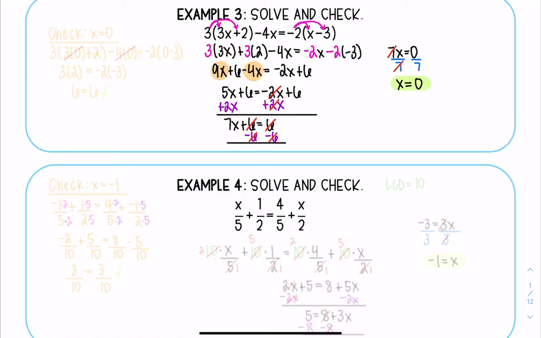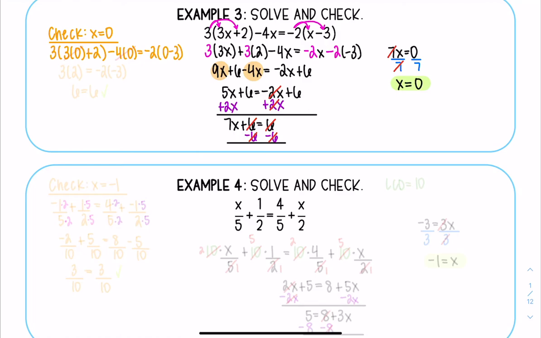You can always check this solution. So plugging it back into the original, we have 3 times 0 plus 2 minus 4 times 0 equals negative 2 times 0 minus 3.